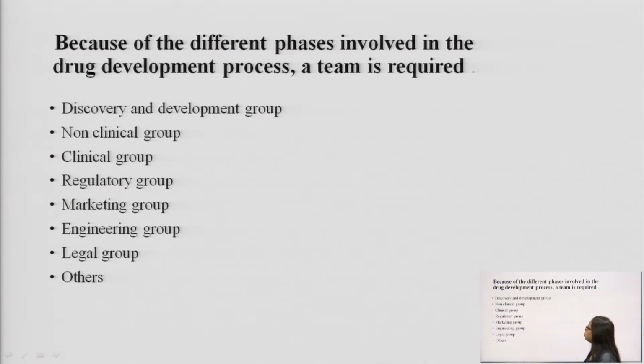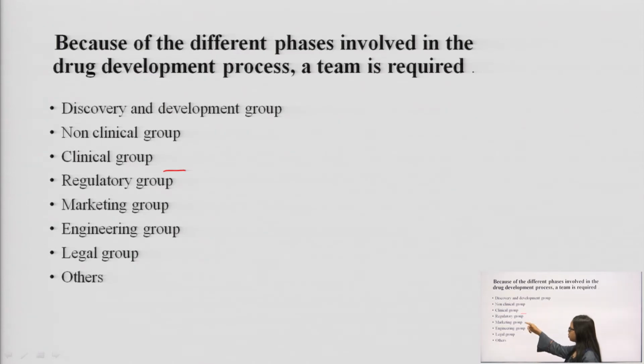The team includes the discovery and development group, the non-clinical group and the clinical group. The clinical group does clinical trials on humans, the non-clinical group does trials on animals or in labs. Next is the regulatory group, then the marketing group.